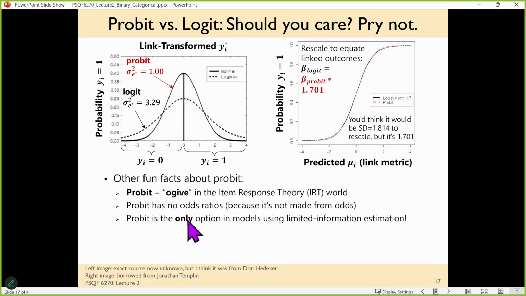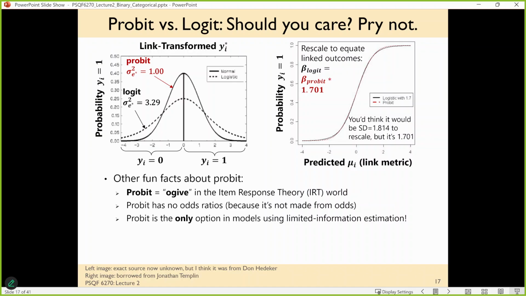And I would not talk about this at all, except that later on, if you have very complicated models predicting categorical data that are estimated with a sort of shortcut known as limited information, that means you're summarizing the data first and then feeding that summary into the model to work on instead of the raw data. Probit is the only choice in those kinds of models. So you're going to have to see it at some point if you keep going anyway.